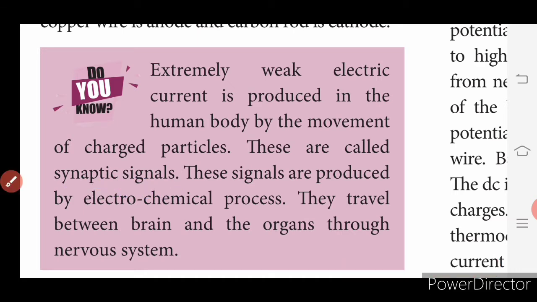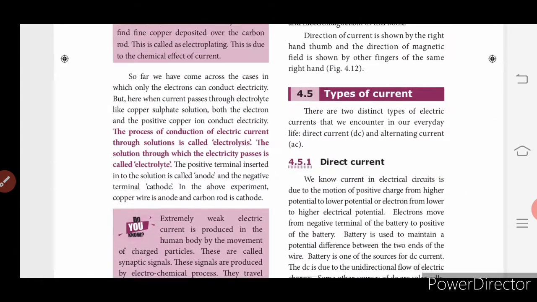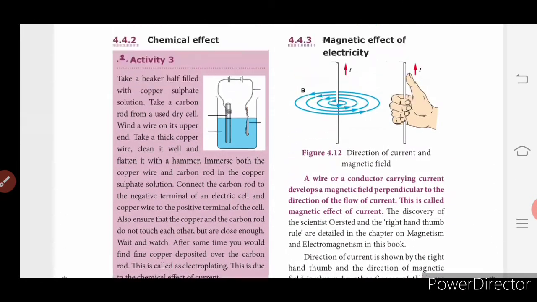These signals are produced by an electrochemical process. So what process is undertaken in our body? Electrochemical process. They travel between the brain and the organs through the nervous system.